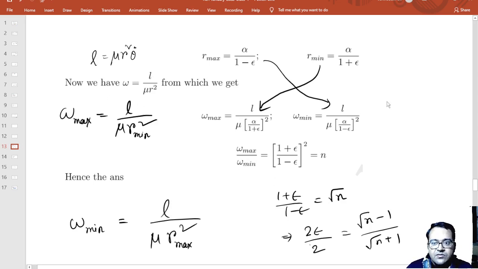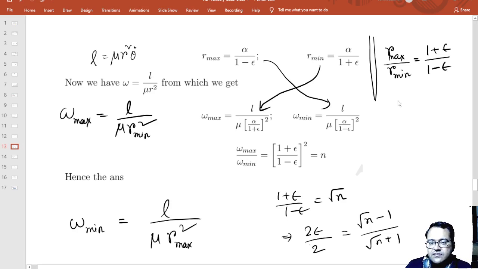Okay, so then another problem which always comes, that what is the ratio of r max, perigee and apogee ratio. This is 1 plus epsilon by 1 minus epsilon, just from this to the result.